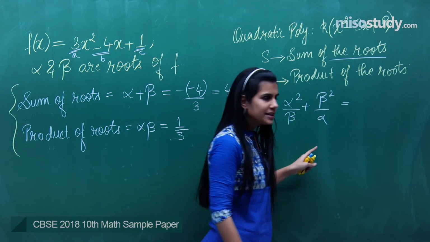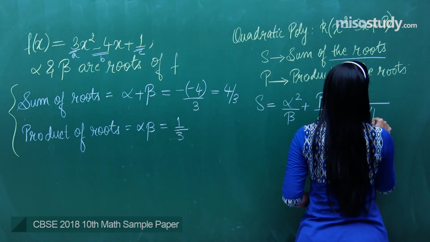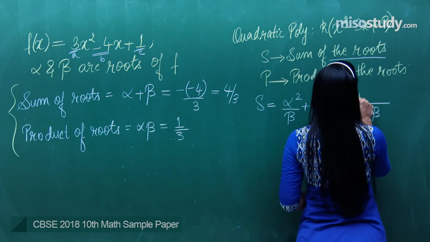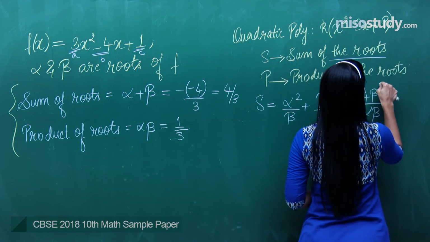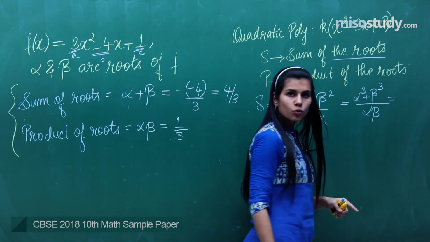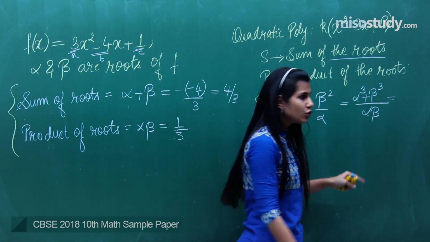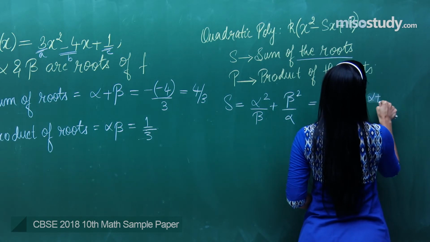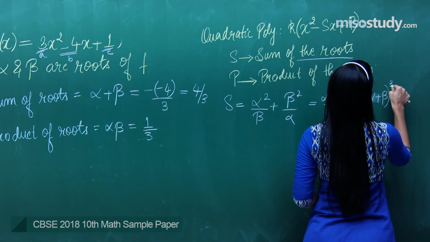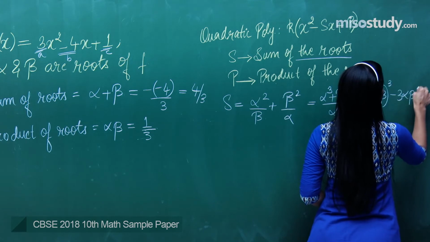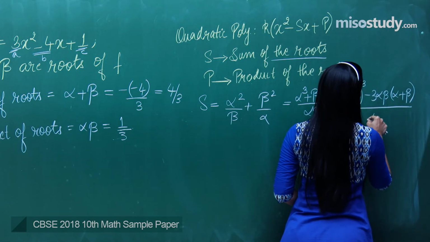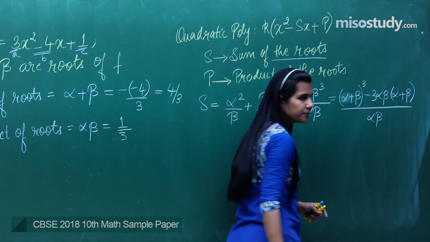You get alpha beta as your LCM, and you have alpha cube plus beta cube, which gives you what? Now a cube plus b cube is nothing but a plus b whole cube minus 3ab into a plus b, whole upon alpha into beta.